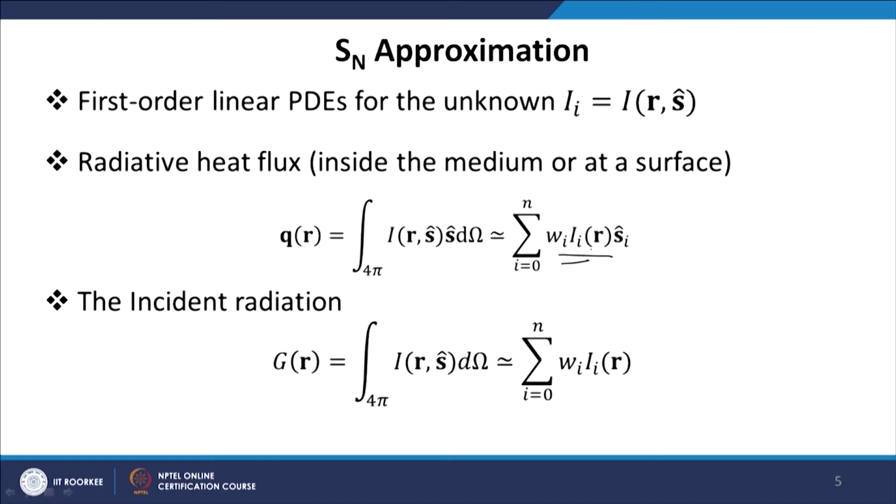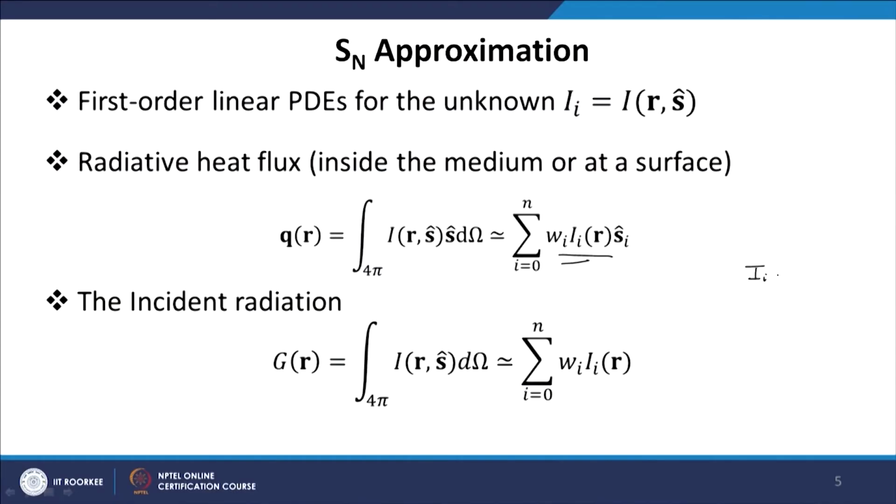Similarly, the incident radiation is the integration of intensity over the solid angle, and this can be written simply as summation W_i I_i. So, once the intensity in discrete direction I_i is known, the quantities of our interest, heat flux and irradiation, are easily calculated using the summation in the quadrature.